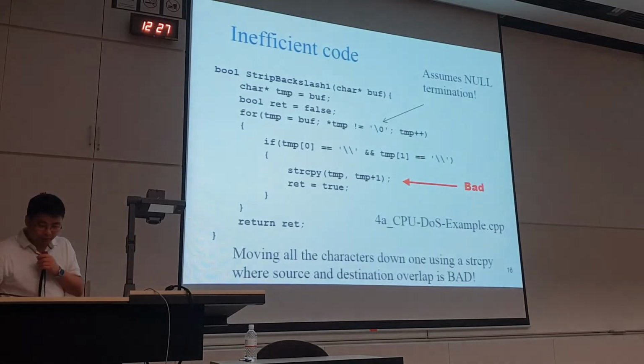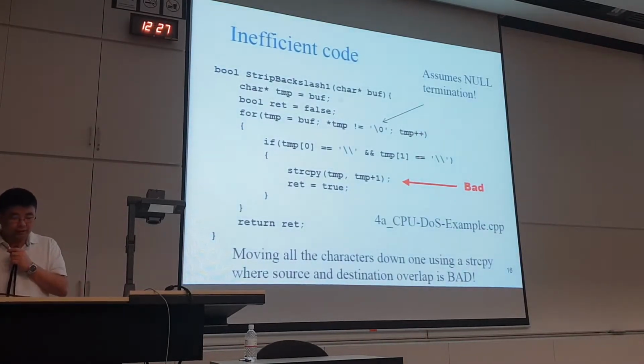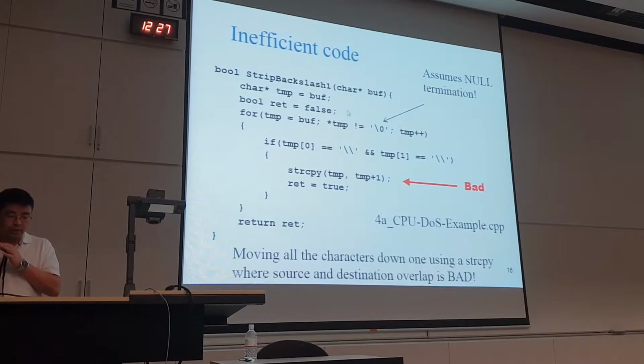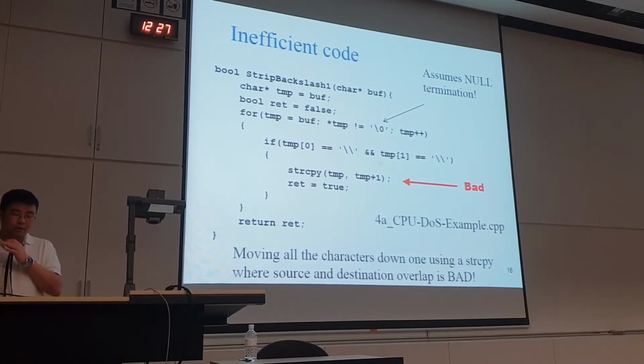So this is one example to perform this function. If there are multiple backslashes, we try to remove all of them and keep just one. How to do that? You scan the whole string. If you find a repeating backslash, you use a string copy to copy the next substring to the previous position.